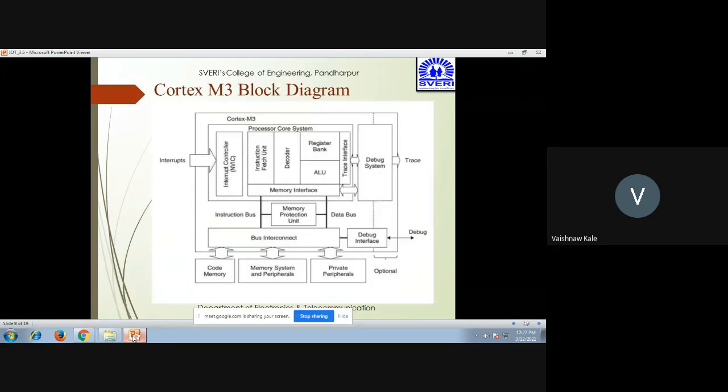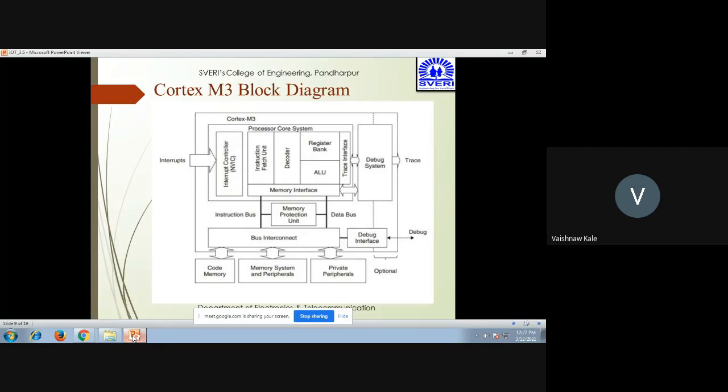Now this is the block diagram. You can see there is an interrupt controller called the NVIC. Then you have a processor core system, under which you have the instruction fetch unit, decoder, register bank, ALU, and trace interface, which is with the debug system, and the memory interface, which is interrelated with the debug system, that is the trace.